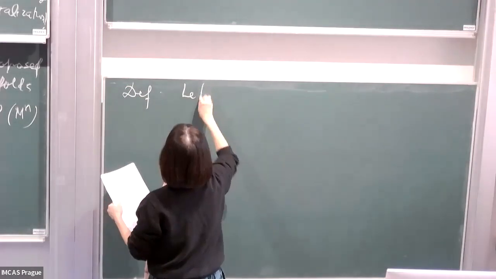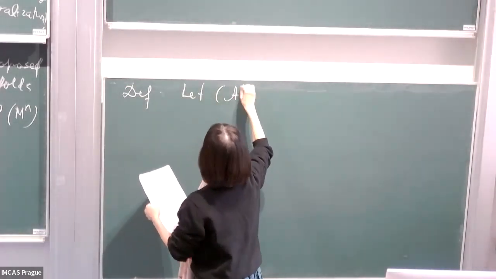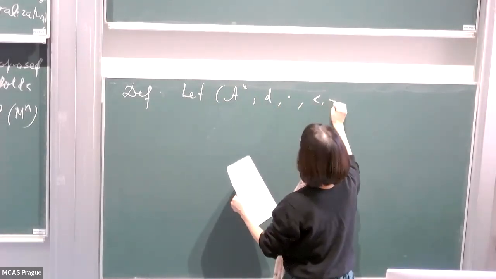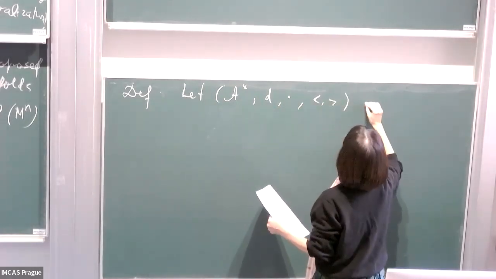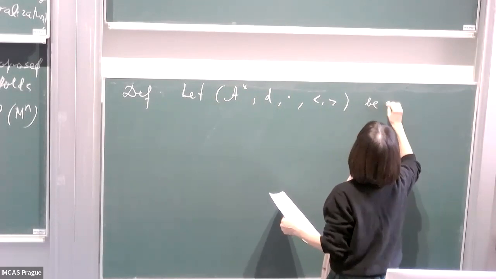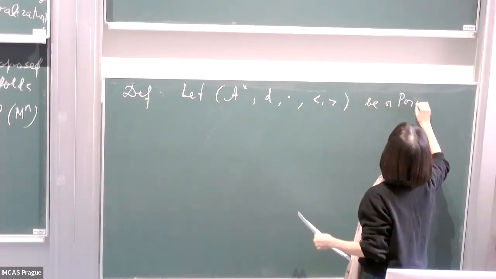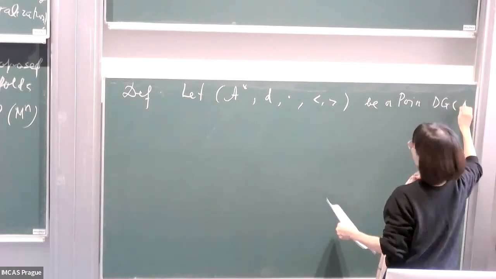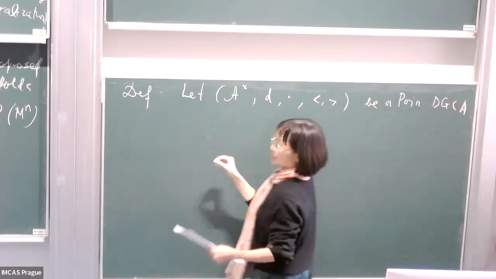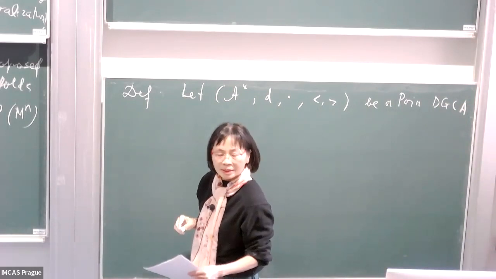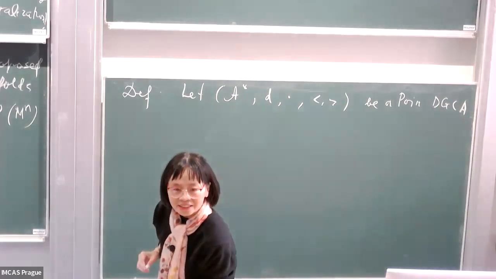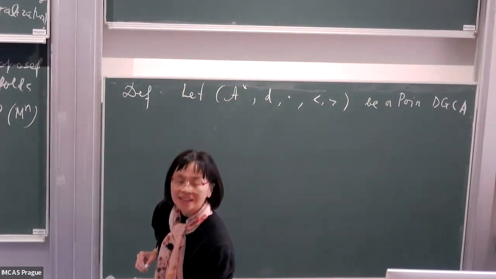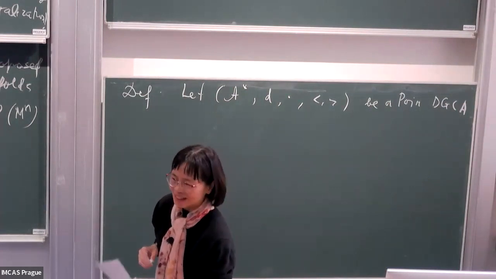So let (A, *, d) with multiplication here and the pairing be a Poincare differential graded commutative algebra. Yes, sure, everything is graded.